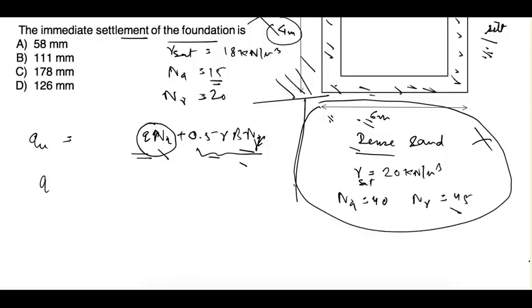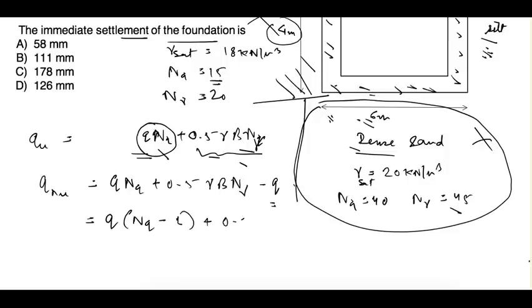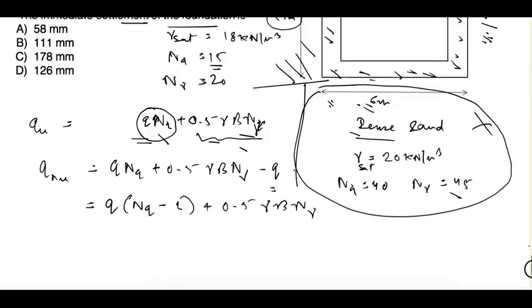So let's find first the q ultimate, or let's say q net ultimate. q net ultimate is equal to qNq plus 0.5 gamma B N gamma minus q, the surcharge, so it is equal to q into (Nq minus 1) plus 0.5 gamma B N gamma.